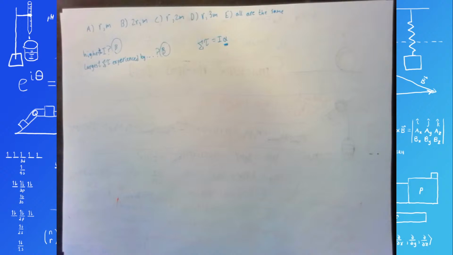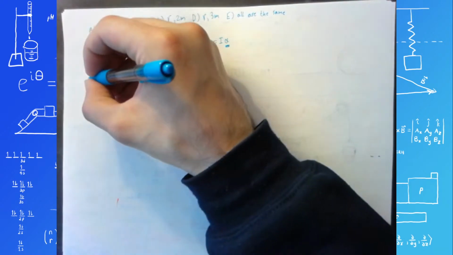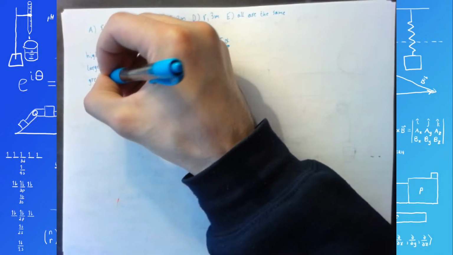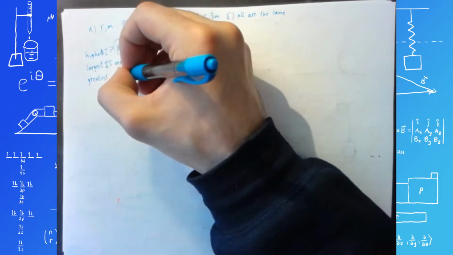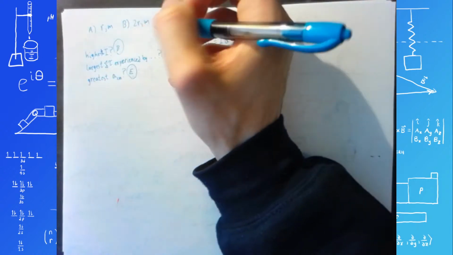They're all going to roll down in the same amount of time, since they're all going to have the same angular acceleration. So it follows that they should also have the same linear acceleration. So all are the same. So greatest linear acceleration, I guess we'll call it acceleration of the center of mass for brevity. All of them should be the same.